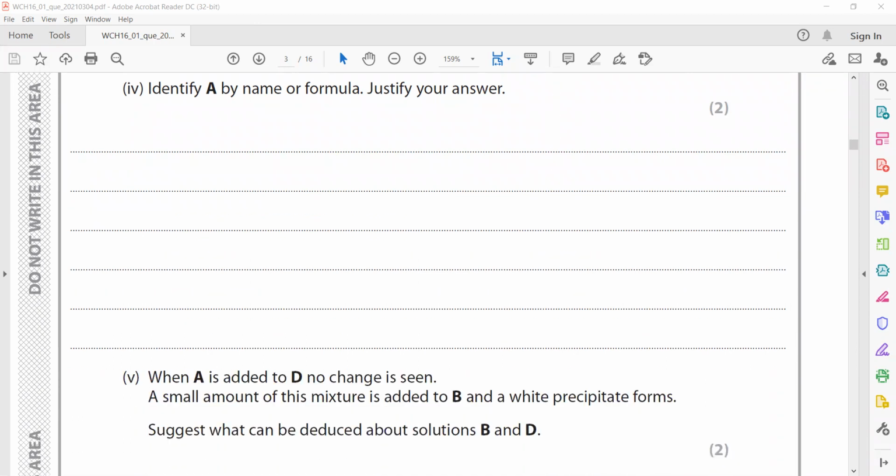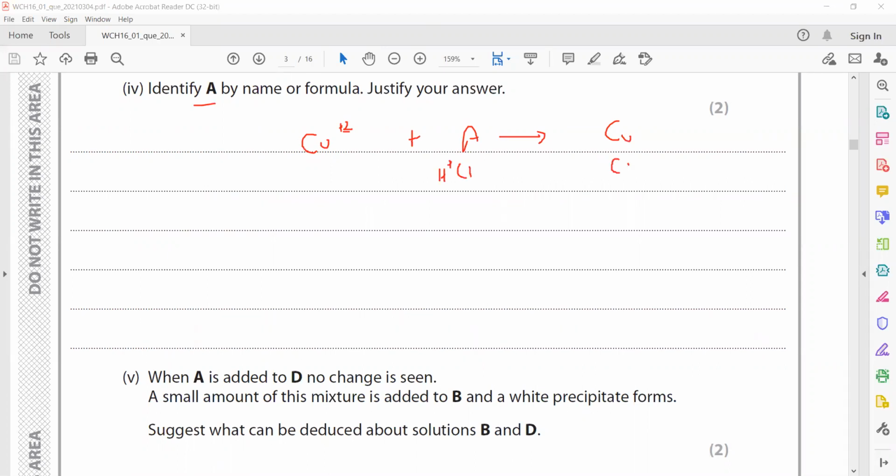So how can we justify what A is? We can say copper ion was there originally, and when we add the solution A, which we identify as an acid because it was giving effervescence with carbonate, so a proton is there, and when we added it to the copper solution, it was turning yellow.